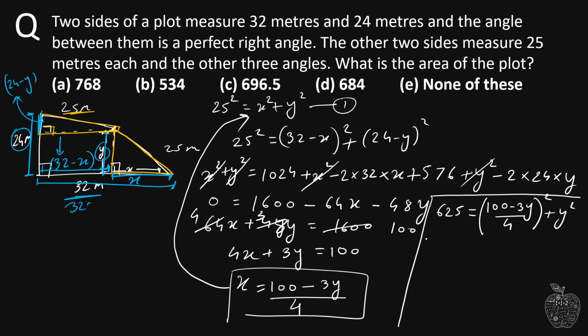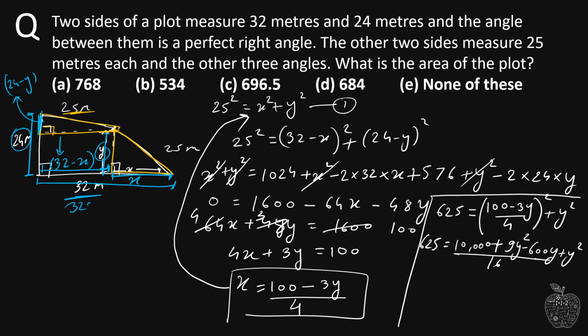Now let's solve this. Let's again use the formula for (a minus b) whole square. So 100 square is 10,000, minus... sorry, a square plus b square, so plus 3 3s are 9 y square, minus 2 into 100 into 3. 2 into 100 is 200, 200 into 3 is 600, so 600y, and plus y square, all divided by 4 4s are 16.